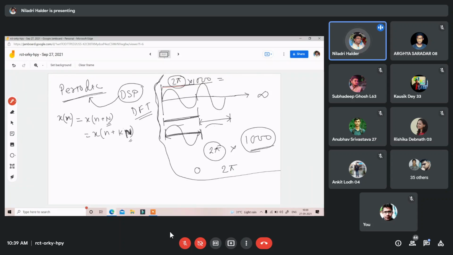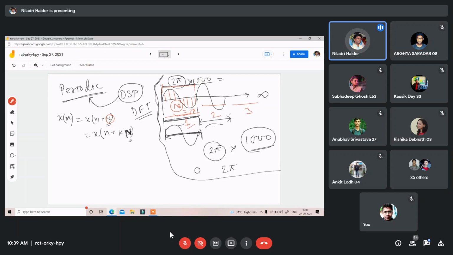This is your 0 to 2 pi. Keep in mind that sample. So what we are doing, we are splitting it into capital N number of samples. That N number of samples will obviously be equal to 2 pi. If we consider all the samples, we will get the same range. So from continuous to discrete, we are considering that N. Now, this is the first period, this is the second period, then you will get the third period.